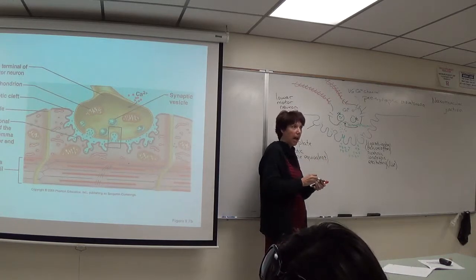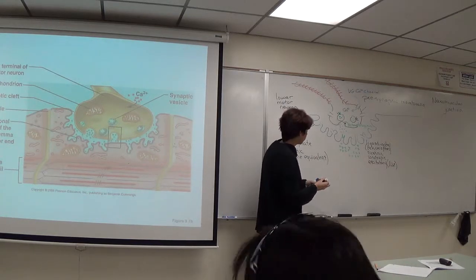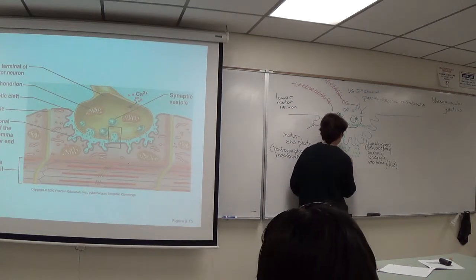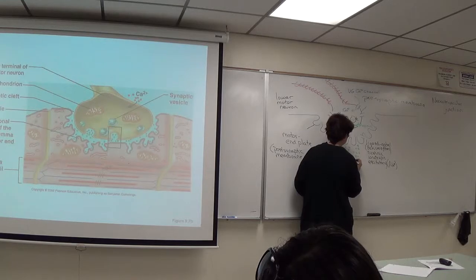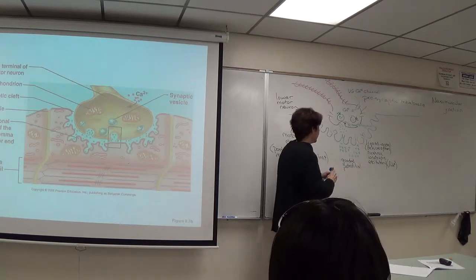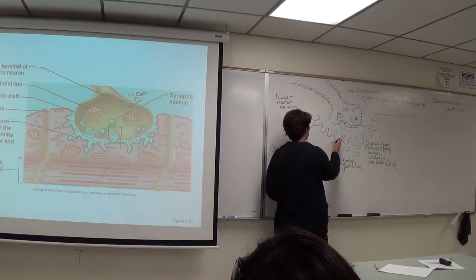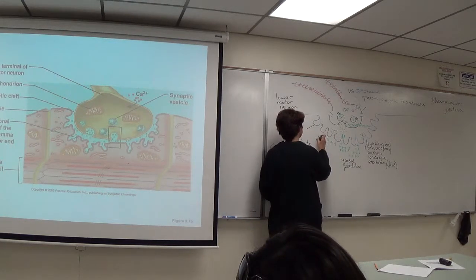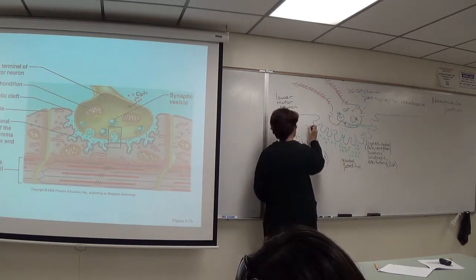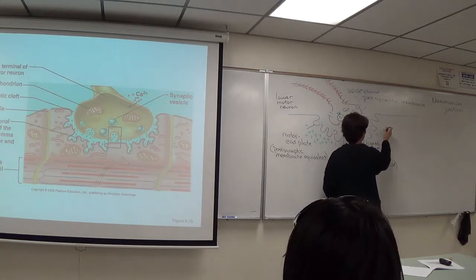Because they can open a lot of times, or a few times, or multiple times. And so we're creating a graded potential. And as these ions enter the cell, they are going to flow along the cell membrane in all directions.